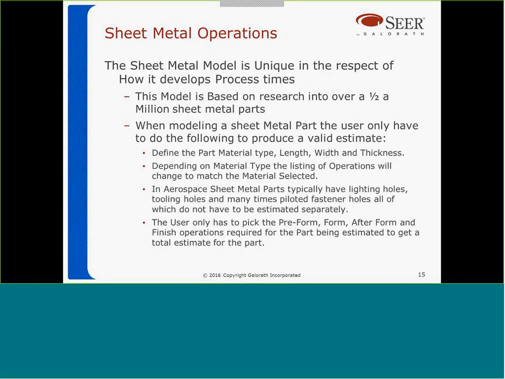The thing to remember about the sheet metal model is that it was based on over 500,000 parts. We did an analysis based on material forming processes and segregated all that data of over 1 million parts by forming, after form, and finish operations, so that they are the driving force to give you an estimate.